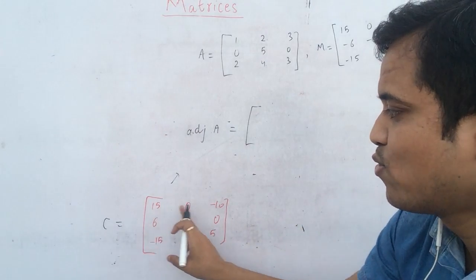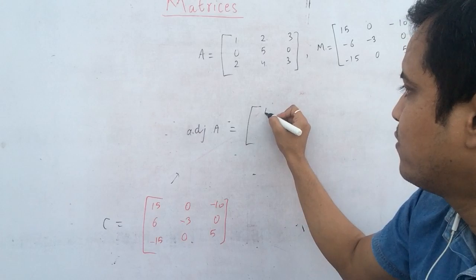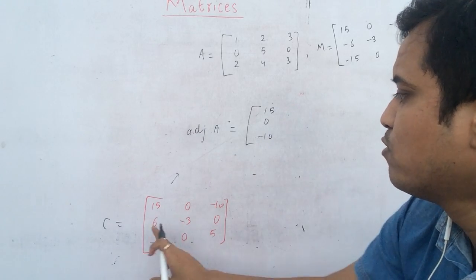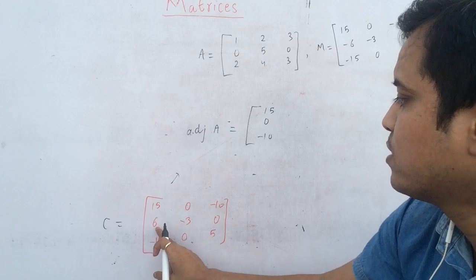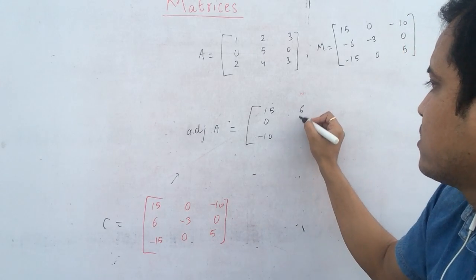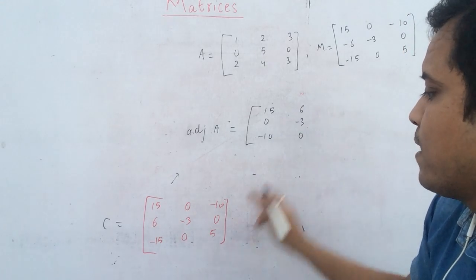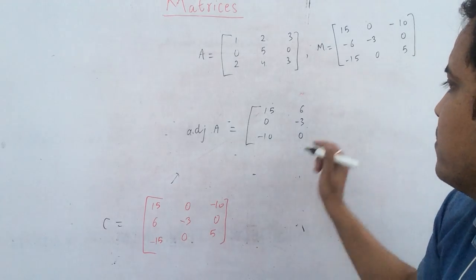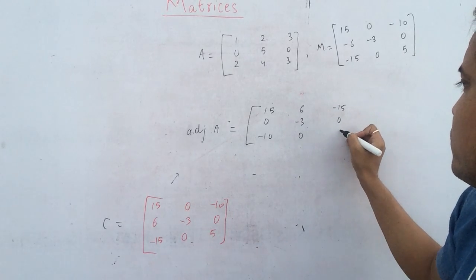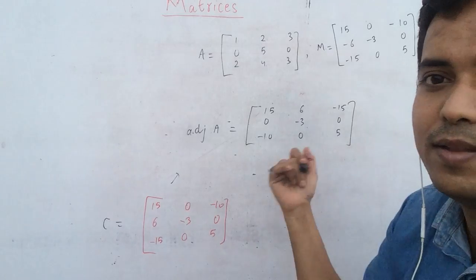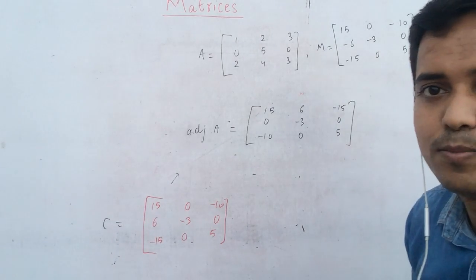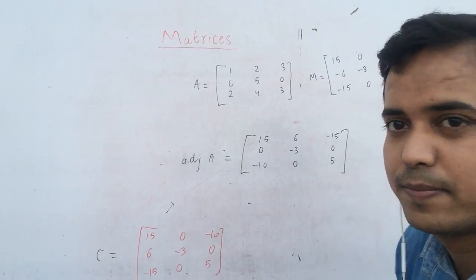So row 1 will become column 1: 15, 0, minus 10. Row 2 will become column 2: 6, minus 3, 0. Row 3 will become column 3: minus 15, 0, 5. So in this way you can find the adjoint of a matrix. So let's move to the next question.